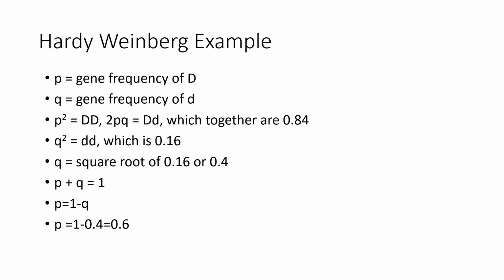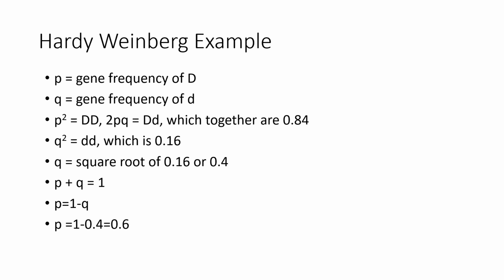For this example, the gene we will be using is the RhD gene. People who carry the big D are Rh positive, and those that do not are Rh negative. The P is equal to the frequency of the big D antigen, and Q is equal to the frequency of the little d or Rh negative phenotype.